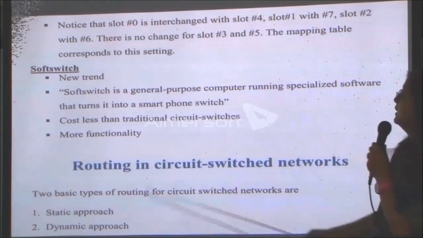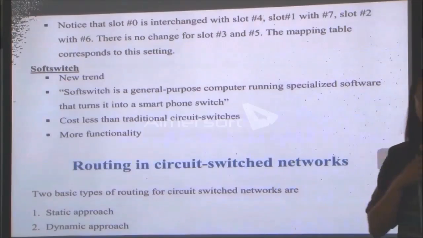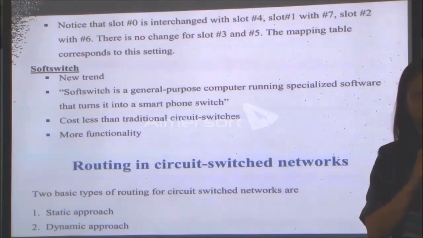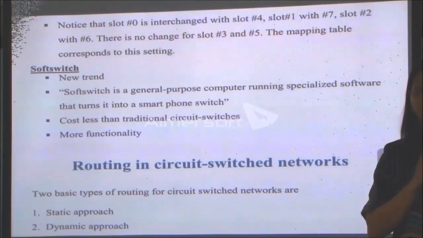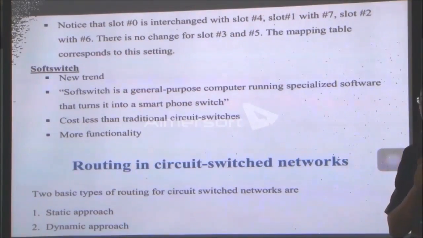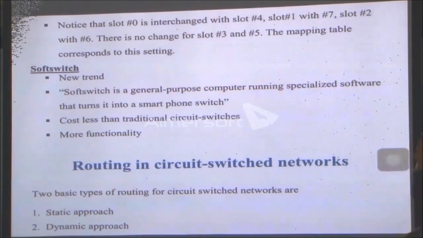What I was talking about is physical implementation. So that was kind of old, the basic idea before we had software. Right now we are writing software. This is called soft switch.